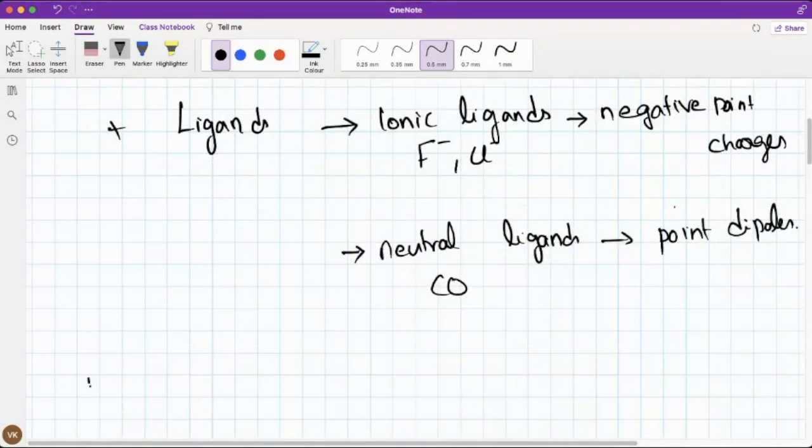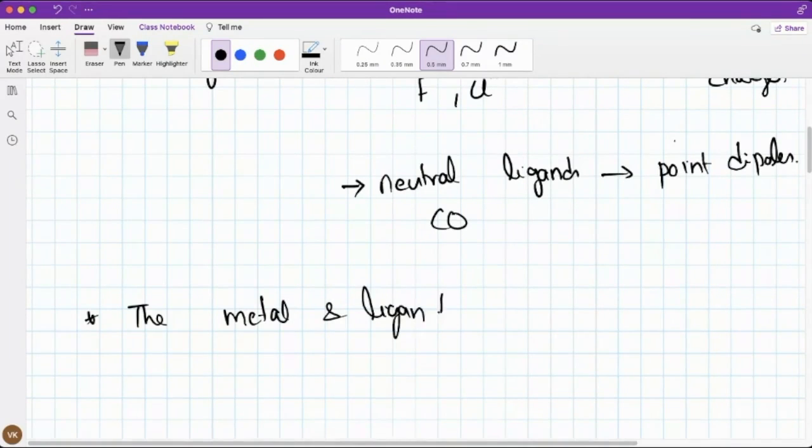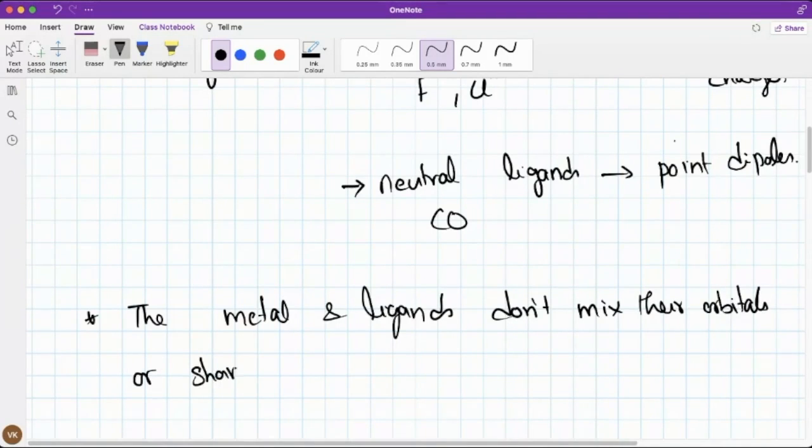So in this theory, we don't see what we saw in molecular orbital theory. The orbitals won't overlap or share electrons. The metal and ligands don't mix their orbitals or share electrons.